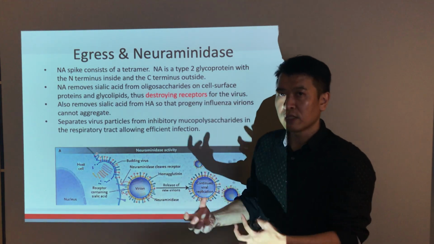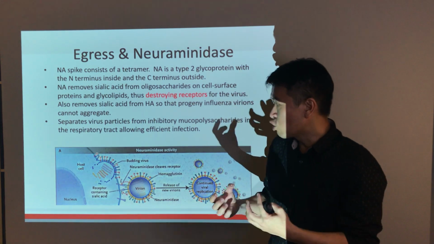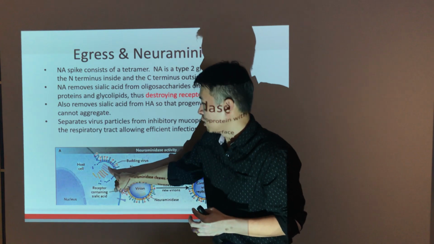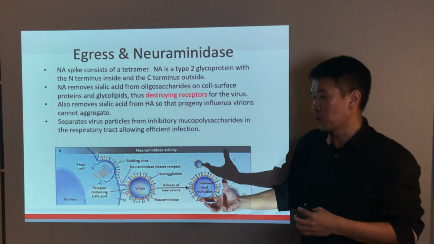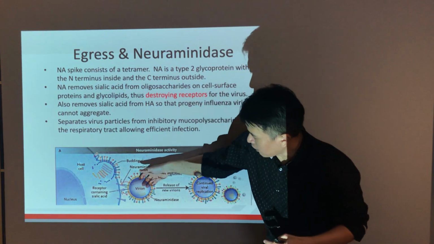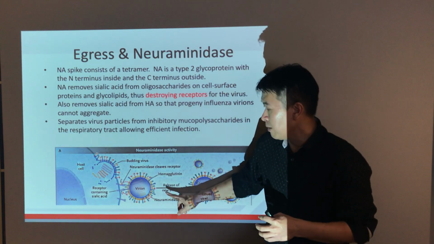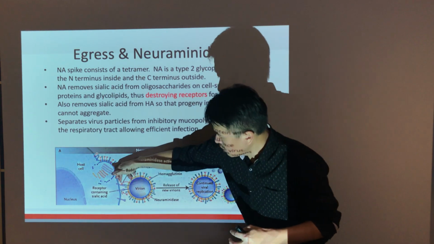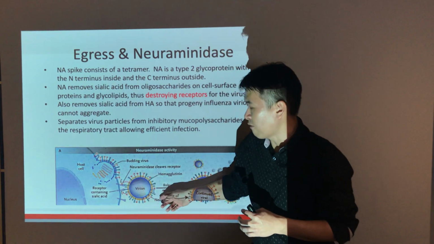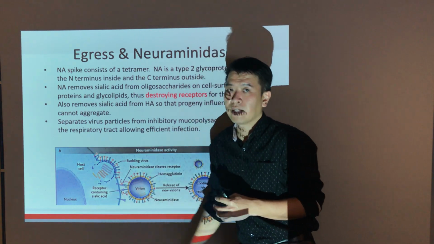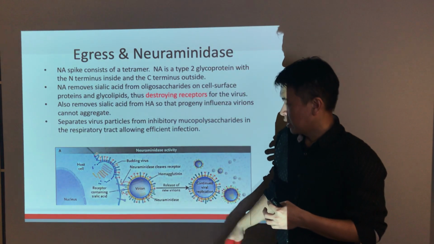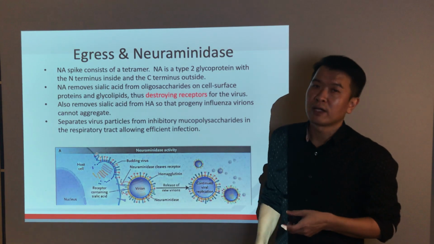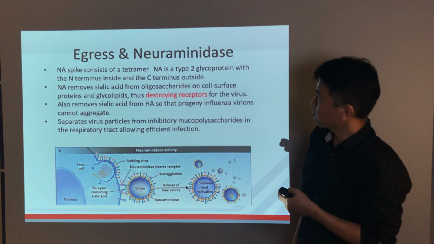There are certain mechanisms to ensure there are 8 segments of RNA together before budding out from the host cell. When it buds out, neuraminidase, the NA, plays a role to remove the sialic acid receptors from the host cell. This prevents the virus from reinfecting the host cell. And now the newly synthesized virus is released to infect a new host cell.